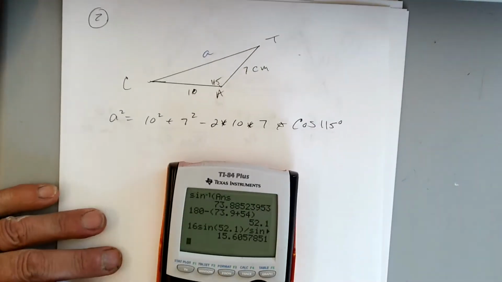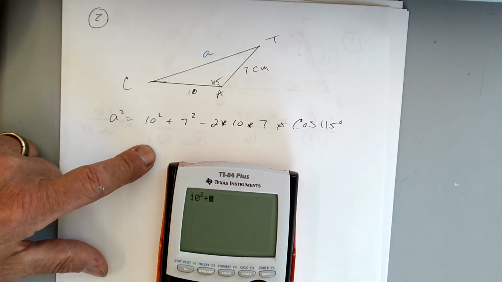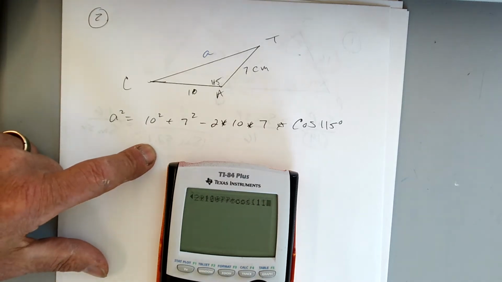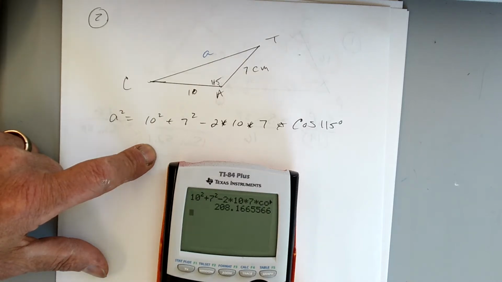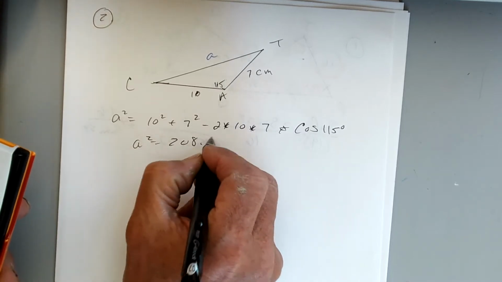Put that in my calculator, and I will square root that. So first of all, 10 squared plus 7 squared minus 2 times 10 times 7 times the cosine of 115, close parentheses, enter, and I will take the square root of that because a squared equals 208.16.